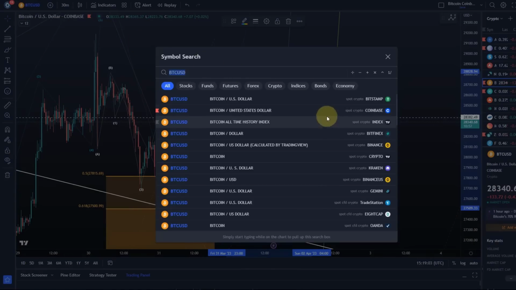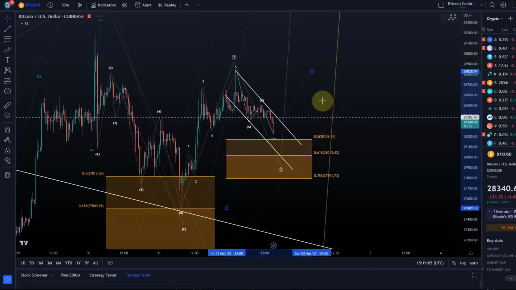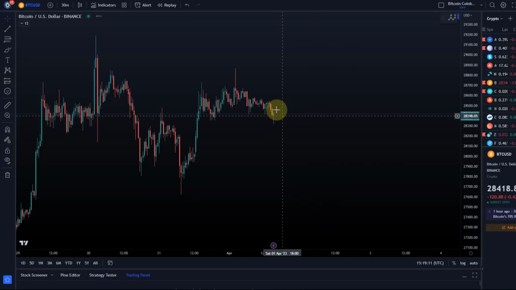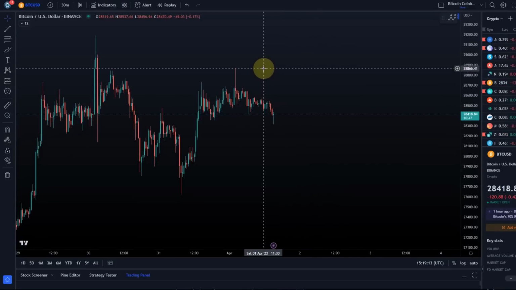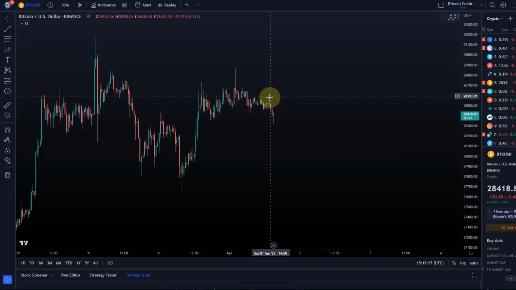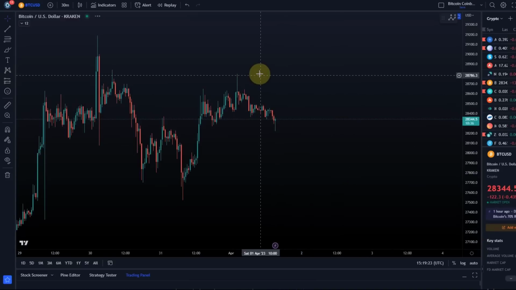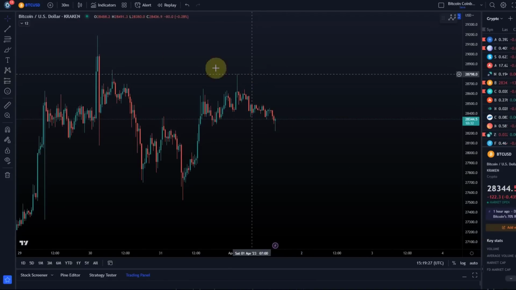If I go to Bitstamp, let's see what happened here, 28,815. That's very close, that's good. Binance, 28,866. So they can differ a little bit, don't focus here on the dollar. For example, Kraken 28,800.